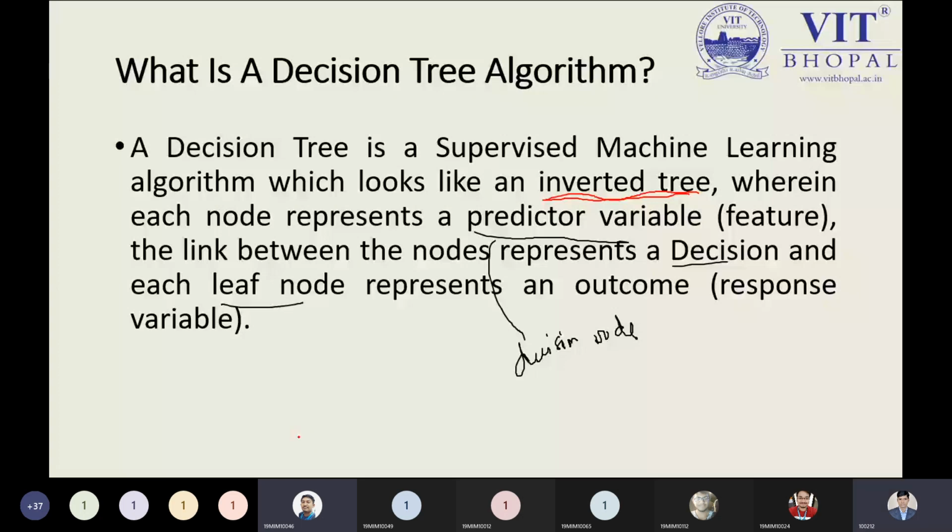We have different kinds of features, and all the features one by one converge with each other, form different types of combinations, and eventually come to a single result at the end. I'm totally agree with you, but it's just like a tree, but upside down. Like we have the root at the top and leaves at the bottom.